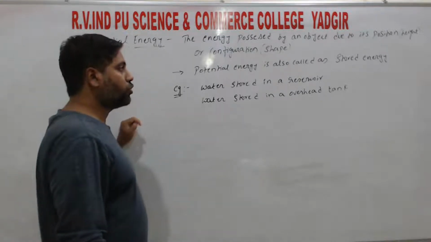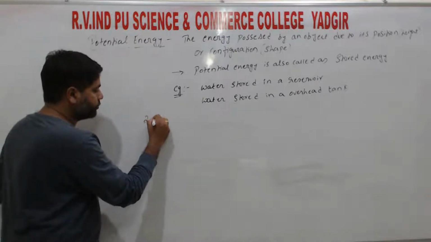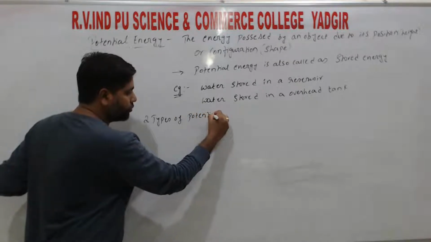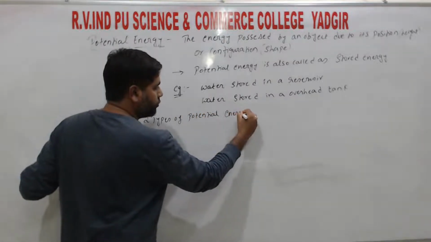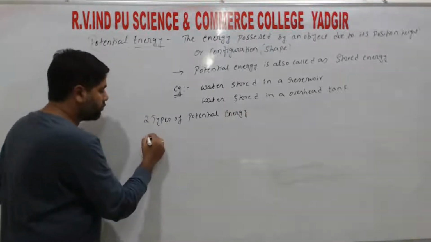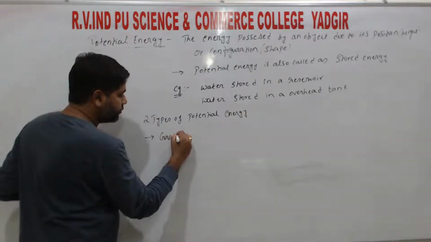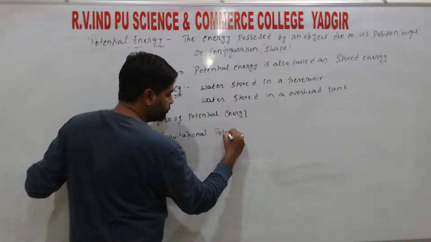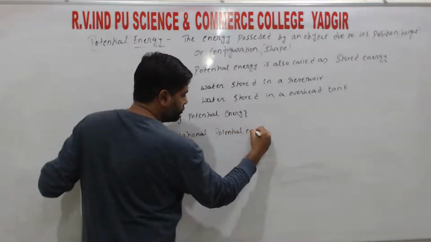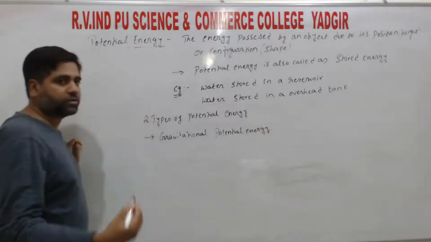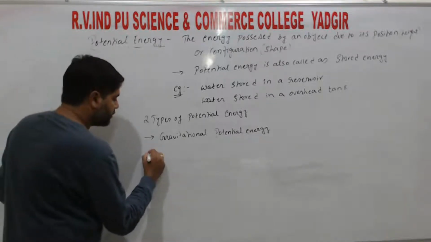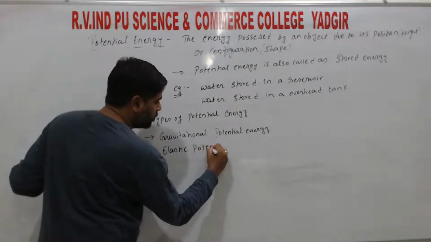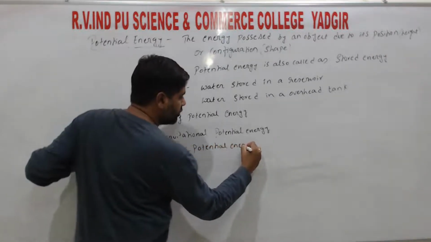Here we have two types of potential energy. The first one is gravitational potential energy, and the second one is elastic potential energy.